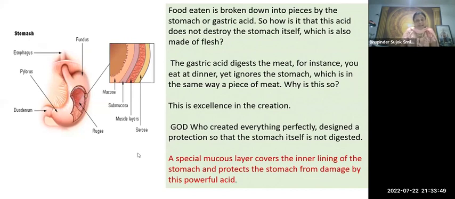The gastric acid digests the meat, and whatever food you eat, it will digest, yet it will not disturb your stomach. This is actually excellence in creation. God created everything perfectly, designed a protection so that the stomach itself is not digested. You see, a special mucous layer covers the inner lining of the stomach and protects the stomach from damage by this powerful acid.